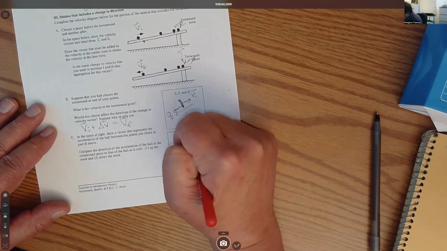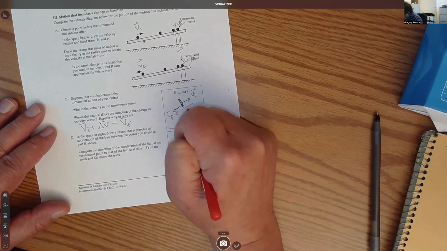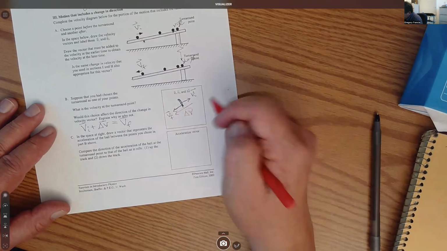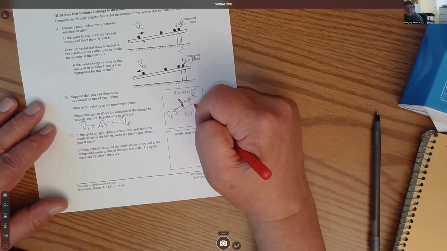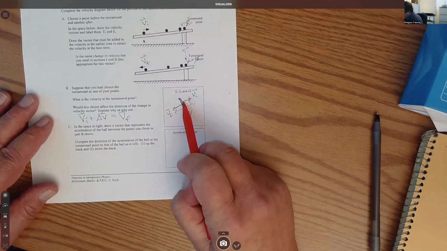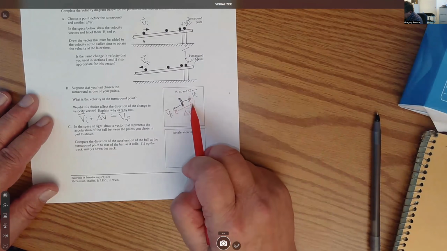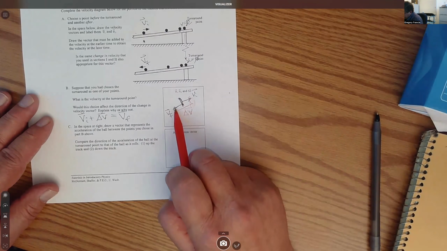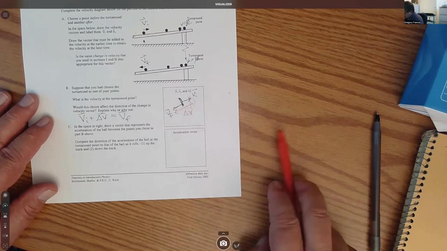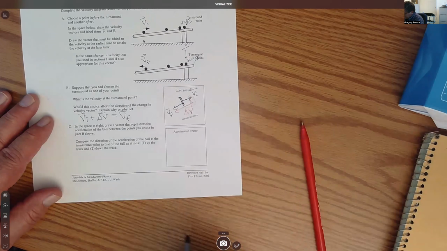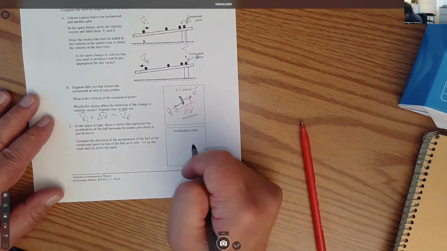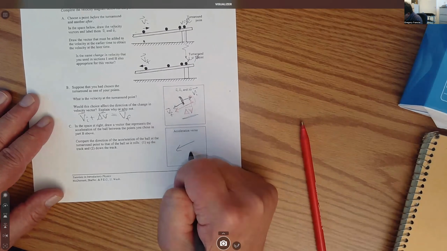And so that would be my change in velocity. And there's the plus sign right there. They're stacked head to tail. So this initial vector up the ramp plus this change down the ramp gives me a final velocity down the ramp. And because the acceleration vector is always in the same direction as the change in velocity vector, my acceleration vector would be down the ramp.